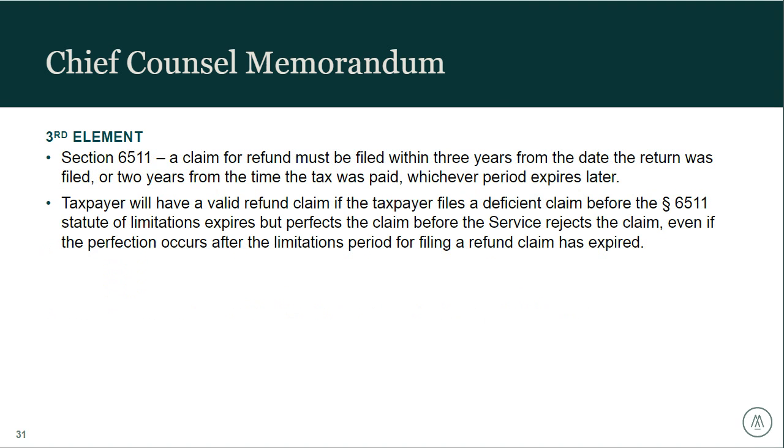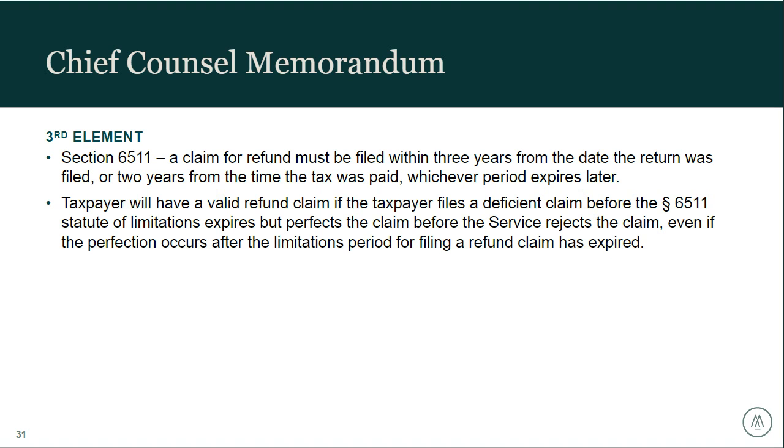And number 3, the third element that was addressed in the Chief Counsel memo was around the statute of limitations. And statute of limitations is pretty well known in this area. It's 3 years from the date your return was filed, or 2 years from the time the tax was paid, whichever one is later.